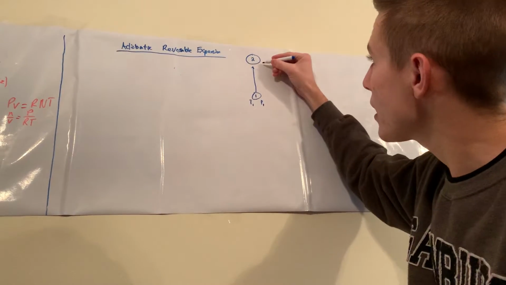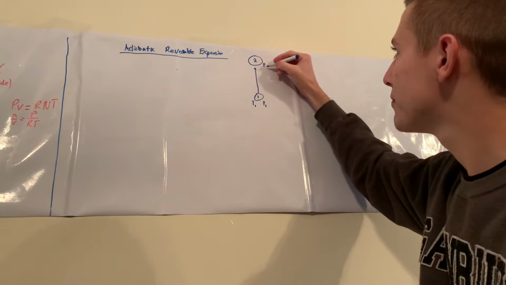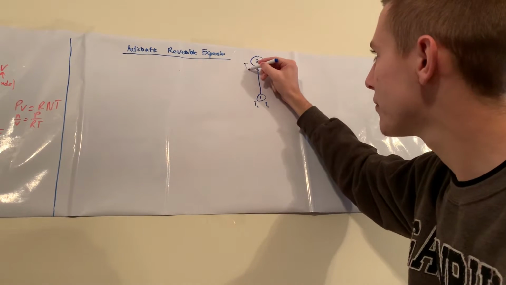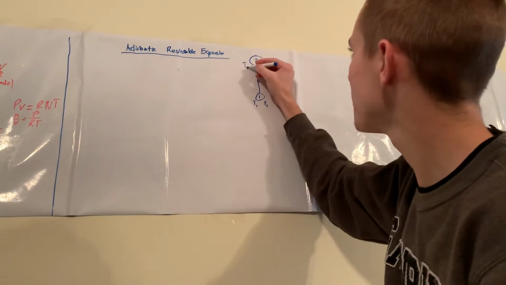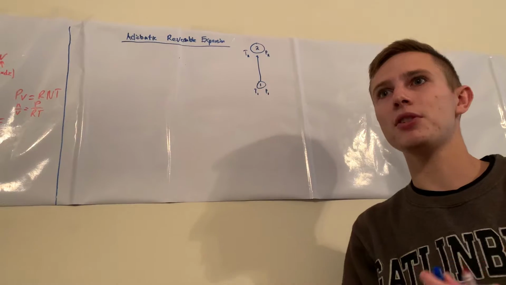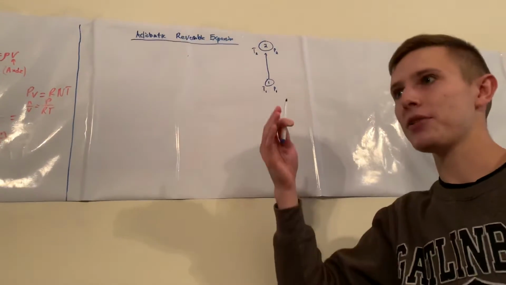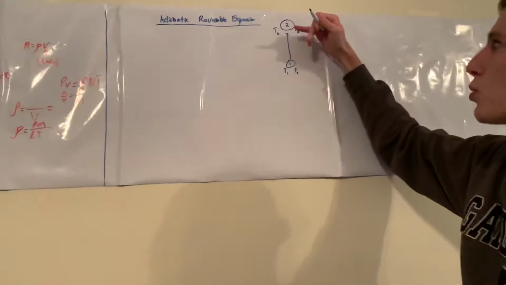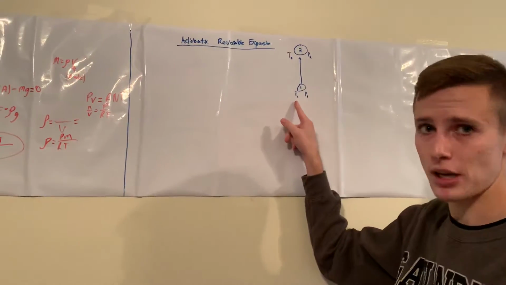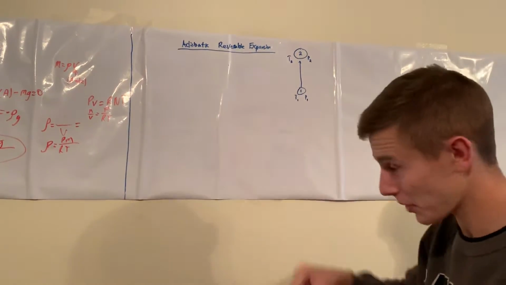At this position 2 it has a different pressure, and a different temperature, because as it rises, think about being on top of a mountain. Notice how higher mountains have snow on top. The temperature is cooler up there than it is down here.